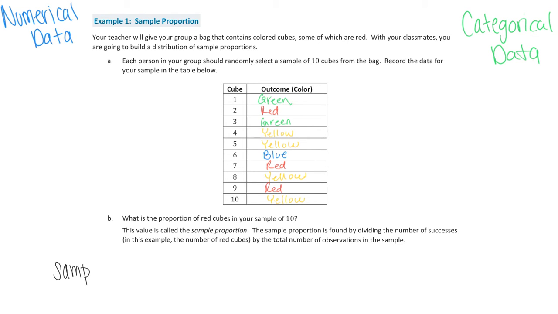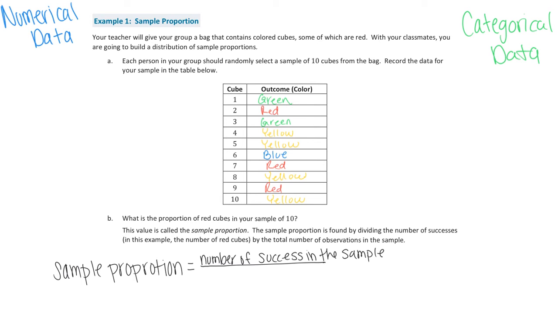Our sample proportion equals the number of successes in the sample over the total number of observations in the sample.